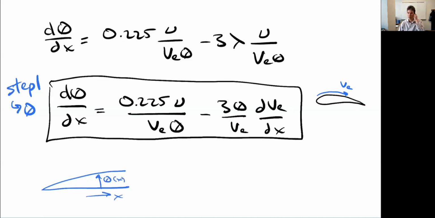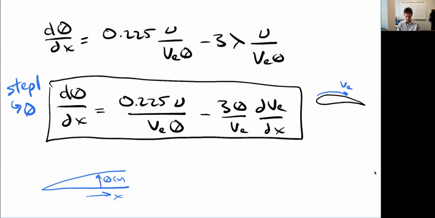We can look at our momentum thickness as it varies along the boundary layer, and we can do this for an arbitrary shape because we can plug in the edge velocity that corresponds to our shape. All right, so step 2. That would be it if all we wanted was momentum thickness, but we're going to want to get displacement thickness and skin friction coefficient, so we've got to keep going.